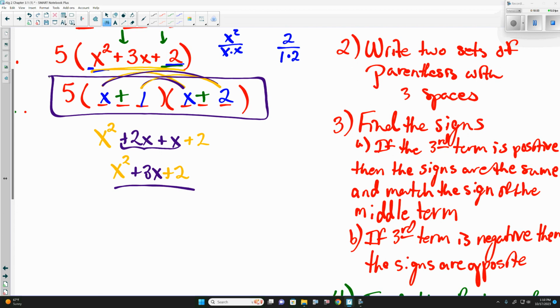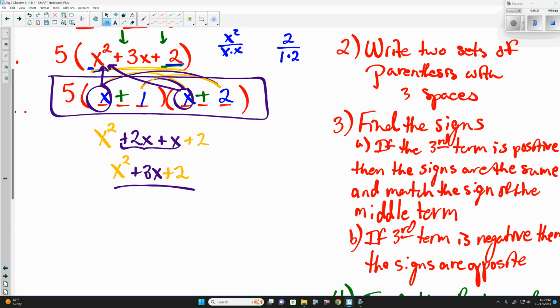Yes, that's where we got it from. Well, where did we get 1 and 2 from? The factors of 2. So those 2 should always multiply back together to give us 2. Does that make sense? That the factors, when we multiply these 2 together, will always get us back here.